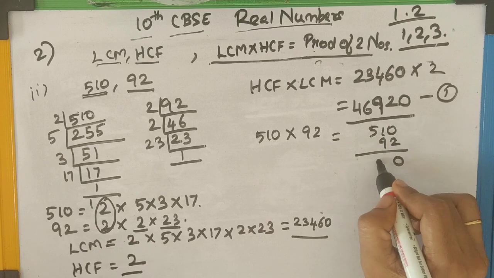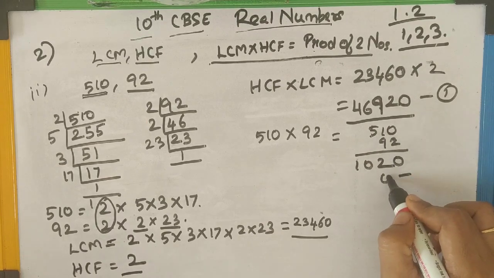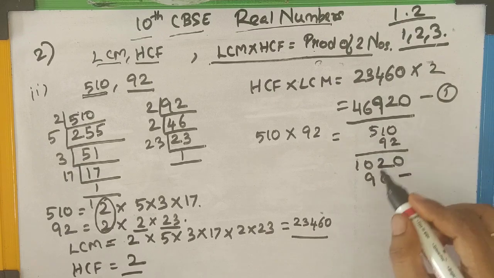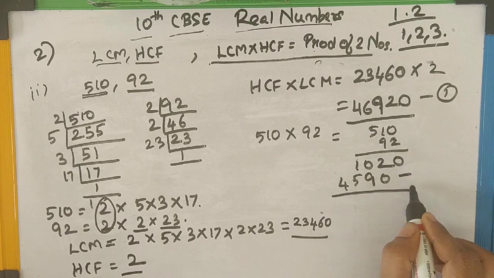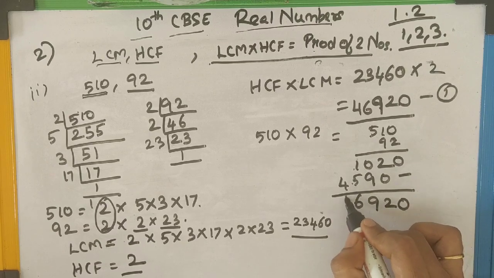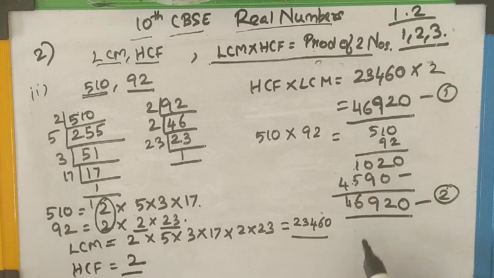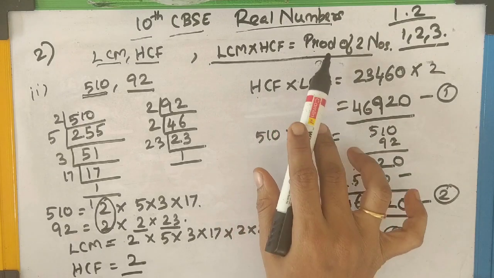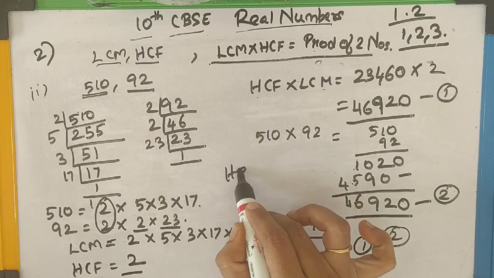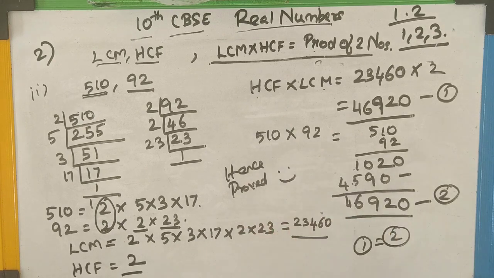Okay. So 0 twos are 0, 1 two is 2, 5 twos are 10. 0 nines are 0, 1 nine is 9, 5 nines are 45. So I get 46,920. And I am going to mark it as 2. Now compare 1 and 2. Yes. So the product of HCF and LCM is equal to the product of two numbers. So this is proved again.